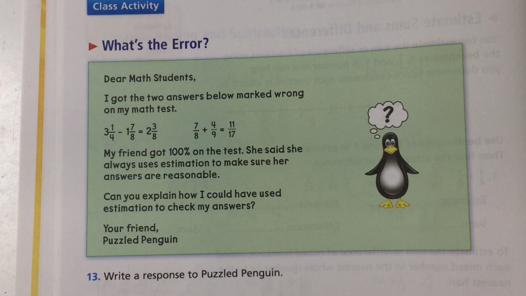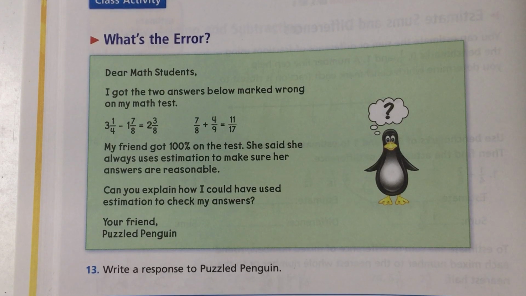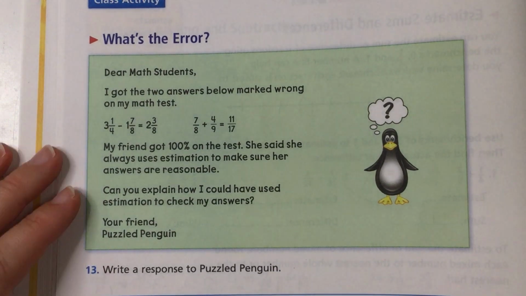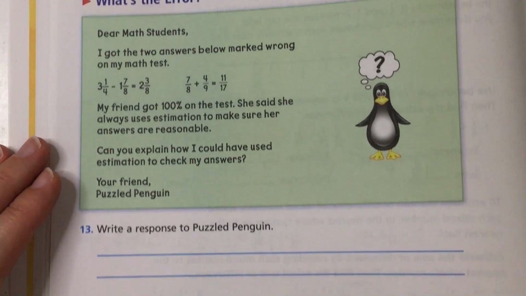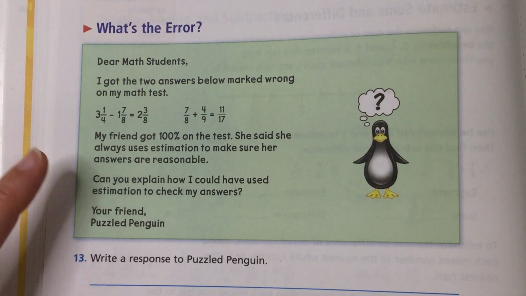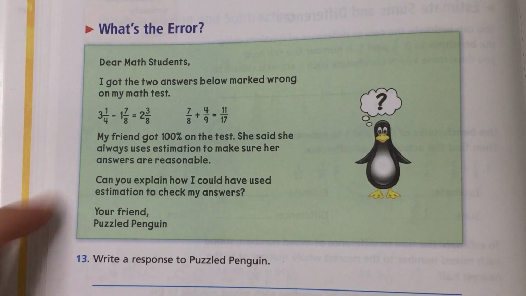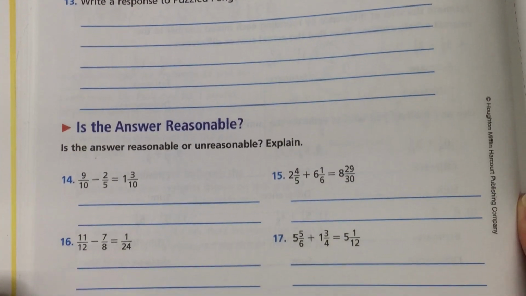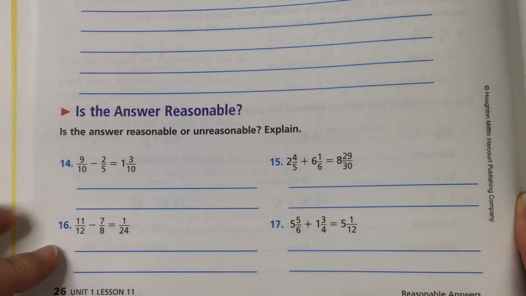See if you can find it, and then write him a response. So remember, again, our responses are always in good, friendly letter form there. Dear puzzled penguin, comma, indent, all that lovely stuff. And if you have any trouble with that, email me, but I think this one you'll be able to figure out on your own.